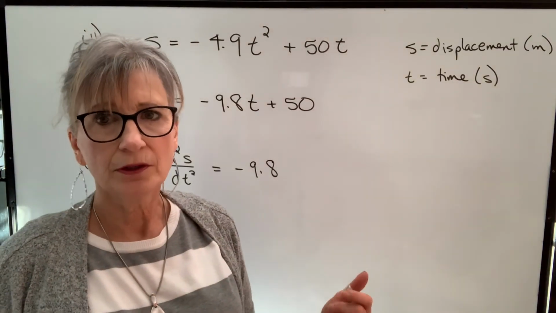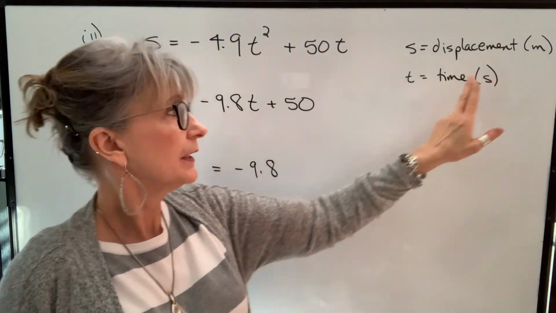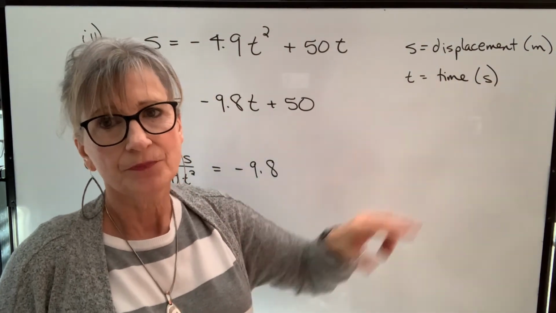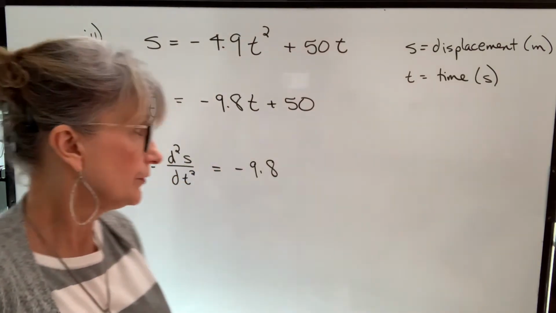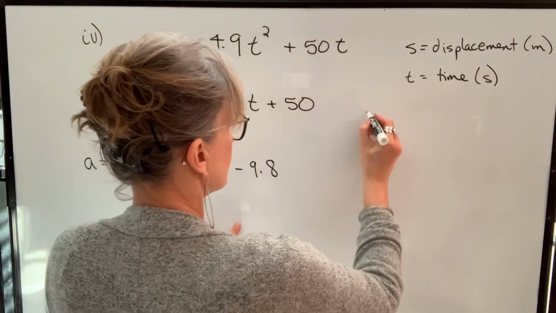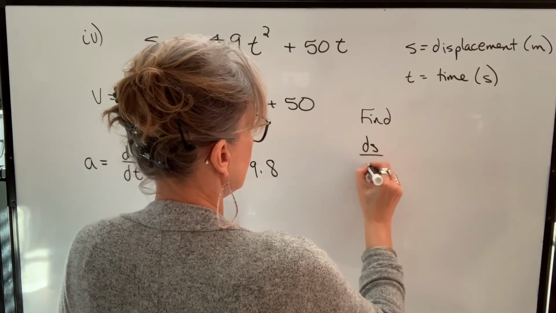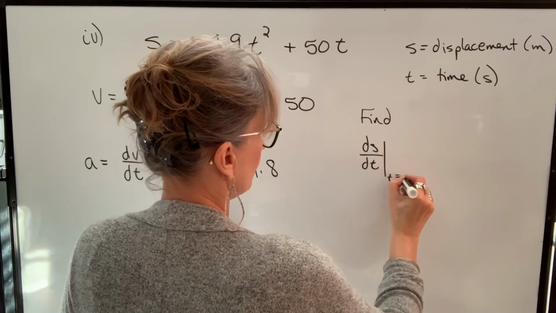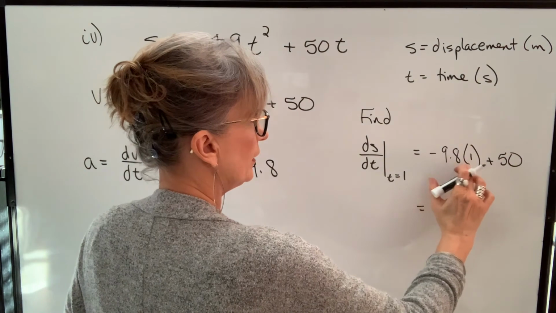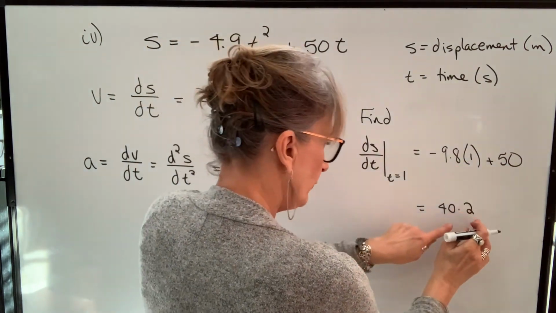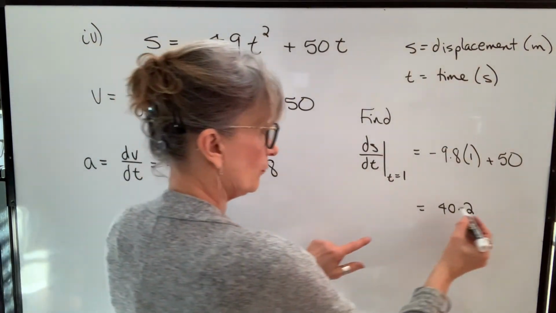So if you know the units, and let's say our displacement is measured in meters, our time is measured in seconds, when you are asked to evaluate at a specific value, so if I was asked to find ds dt when t is equal to 1, we would put 1 in for t, evaluate, and when we get a number and we know our units, you'll be expected to put the units with your answer.